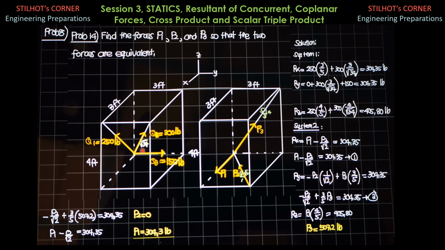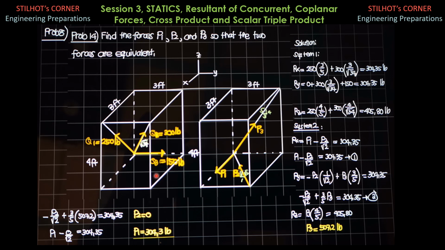The x component of Q2 is also positive. By the way, the square root of 34 is to be computed: square root of 3 squared plus 3 squared plus 4 squared. So that is square root of 34. So plus the x component of 300 Q2, which is equal to 300 times x component of distance, which is in this direction 3 divided by distance or hypotenuse, square root of 34.